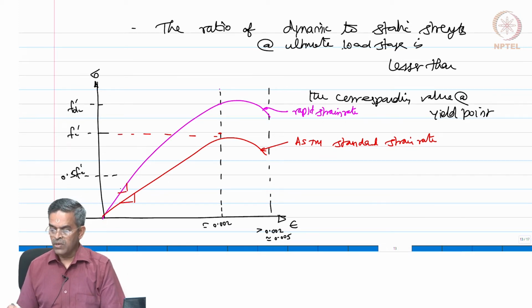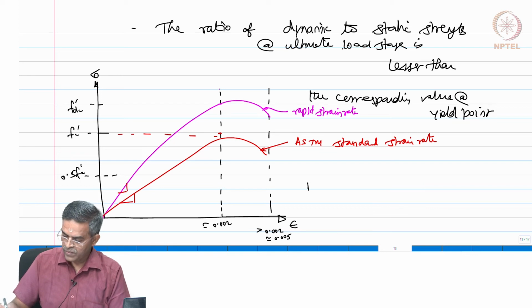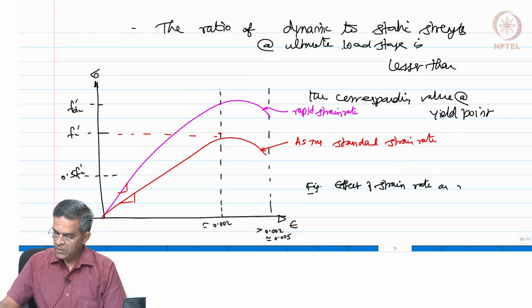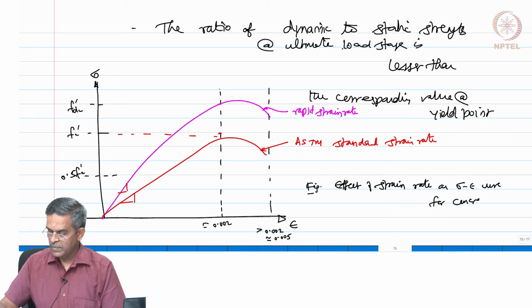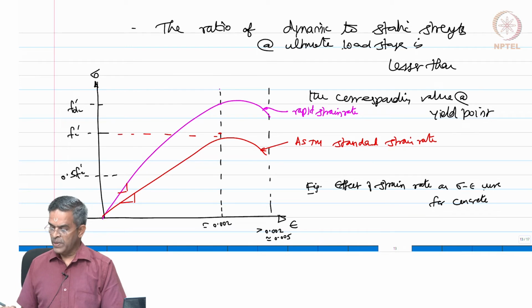There is a change in modulus of elasticity. So, this curve shows effect of strain rate on stress strain curve for concrete. On the other hand, let us see what happens when you look at steel.